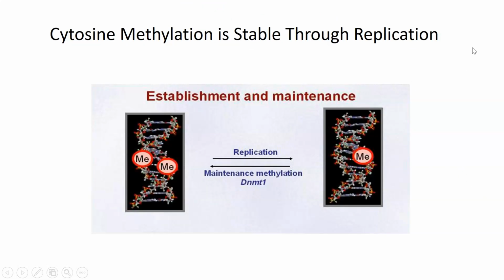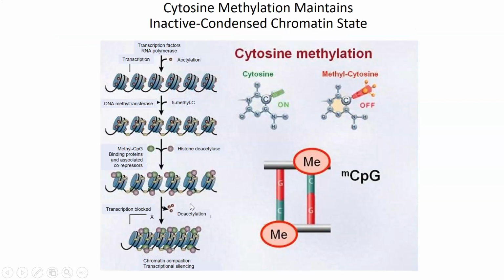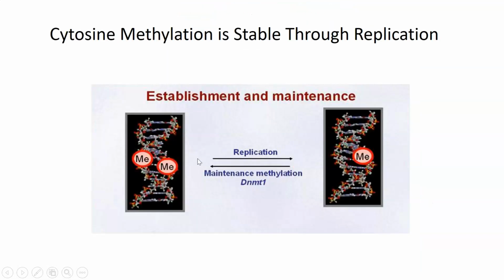One other feature of DNA methylation is it's stable through cell division. If you remember, in cell division, DNA replication precedes cell division. So if you start with a DNA molecule that's methylated on both strands, and just to go back here, a CpG on one strand necessarily has a CpG on the other strand, so both strands will be methylated. If that DNA double helix gets replicated, remember semi-conservative replication, the parent strand is going to serve as the template for the formation of the new strand.